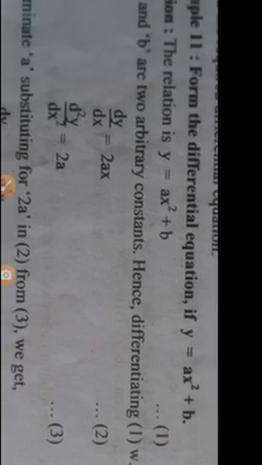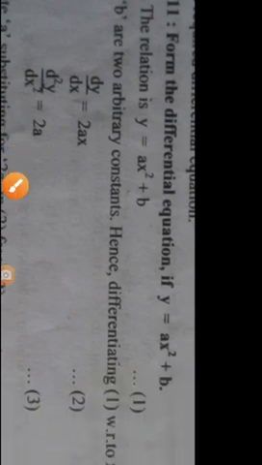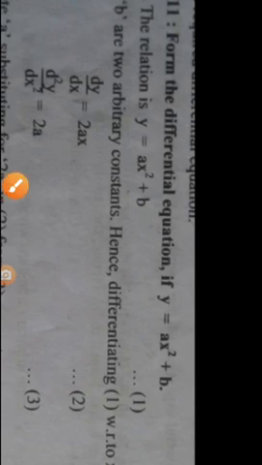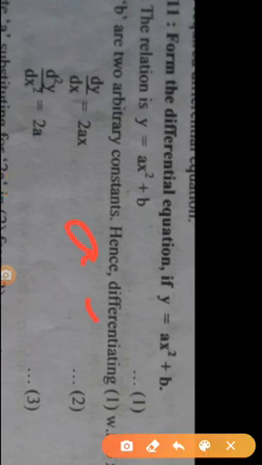Now we take another example. Here also it asks: form the differential equation if y equals ax square plus b, and we observe that two arbitrary constants are present, a and b.